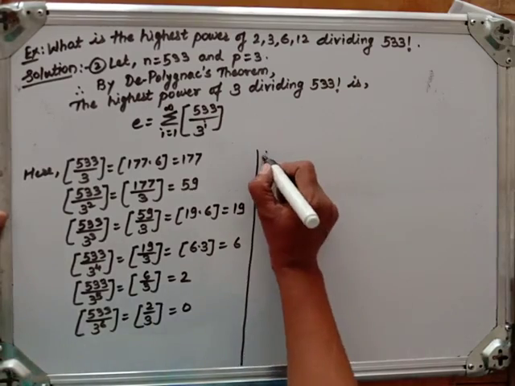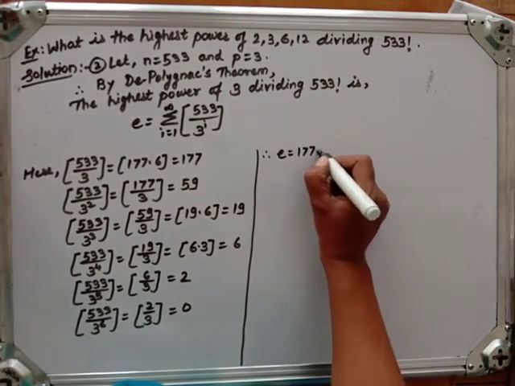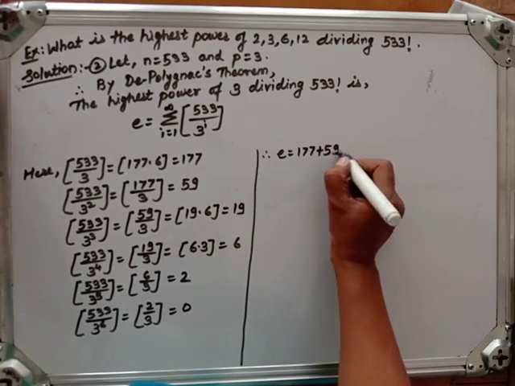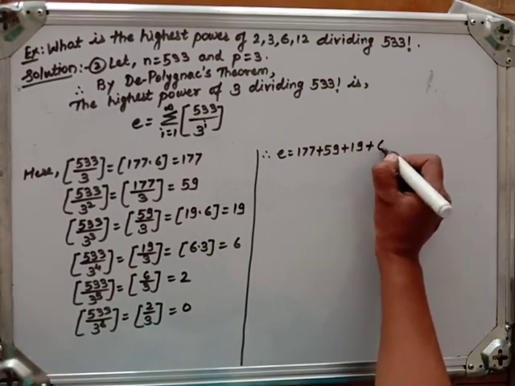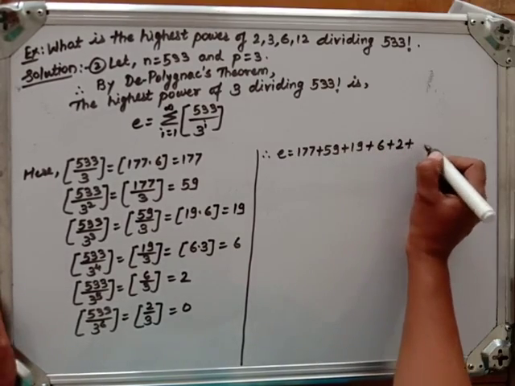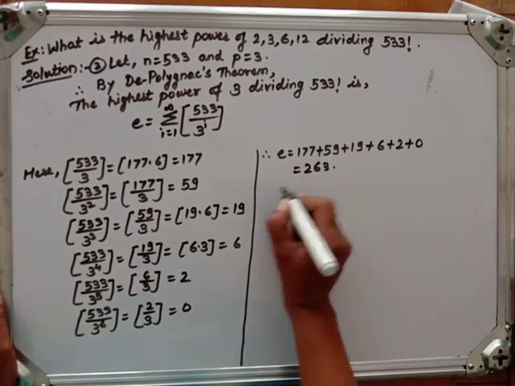Therefore, E equal to 177 plus 59 plus 19 plus 6 plus 2 plus 0. So it is 263.